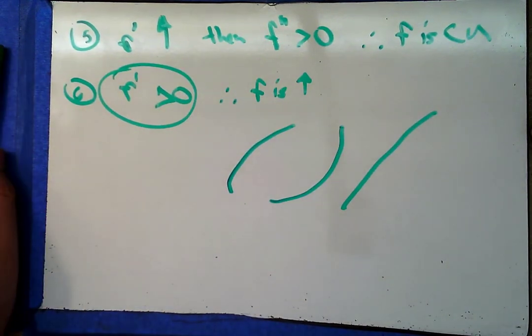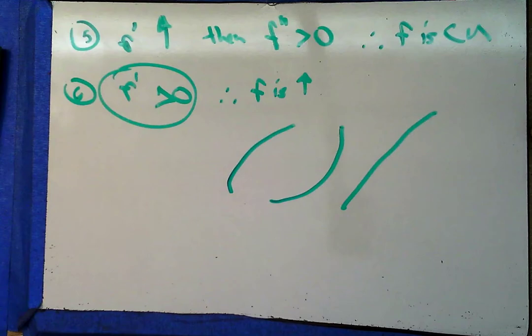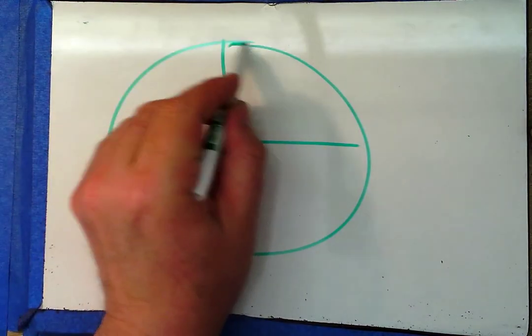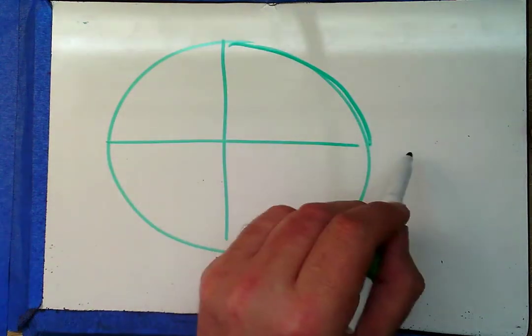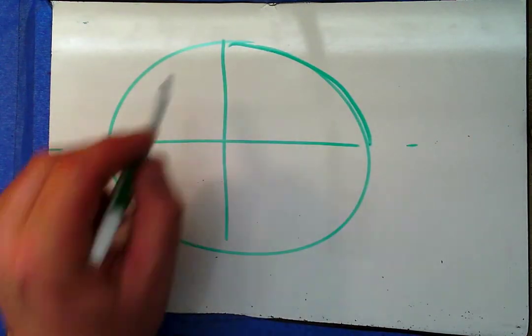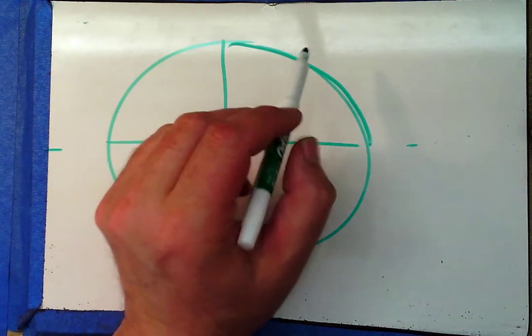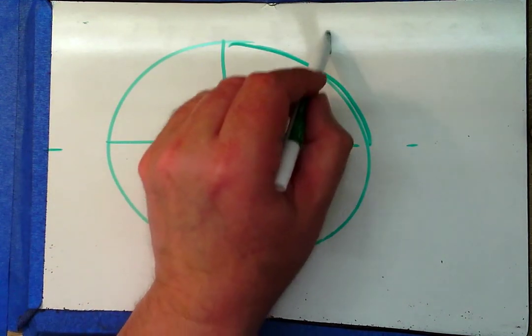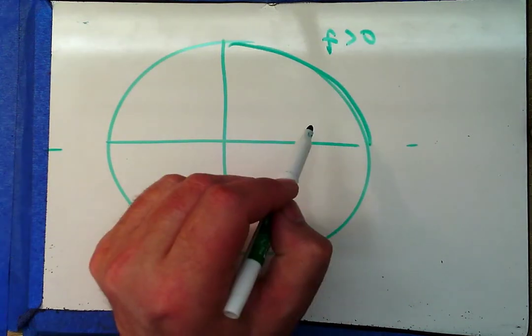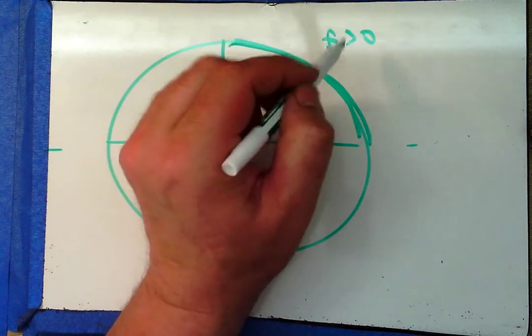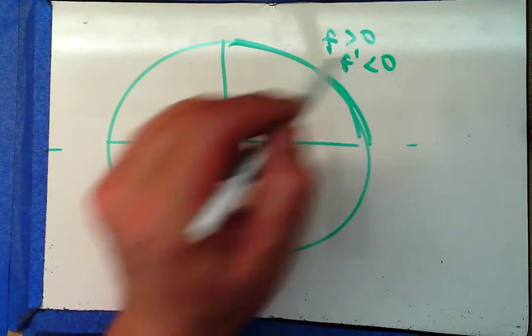Okay, last thing: for each quadrant, tell what f, f prime, and f double prime are doing. In the first quadrant, and remember this is the x-axis, this is the y-axis, I've got positive y values here, so f is greater than 0. I have a decreasing function here, so f prime is less than 0.